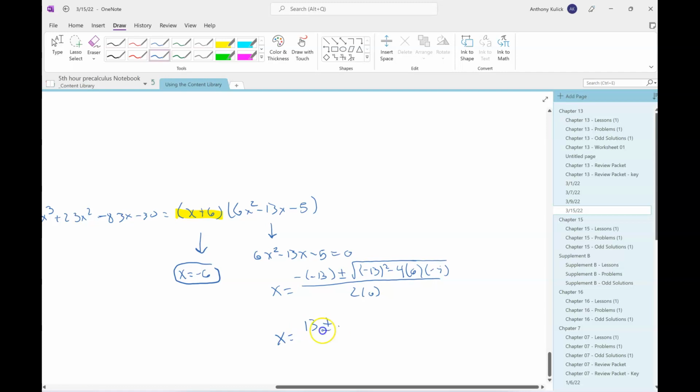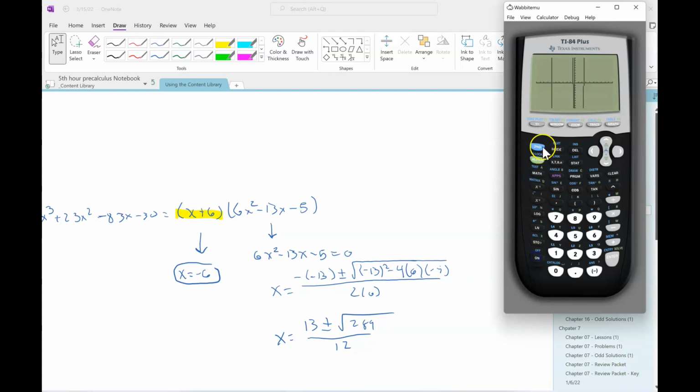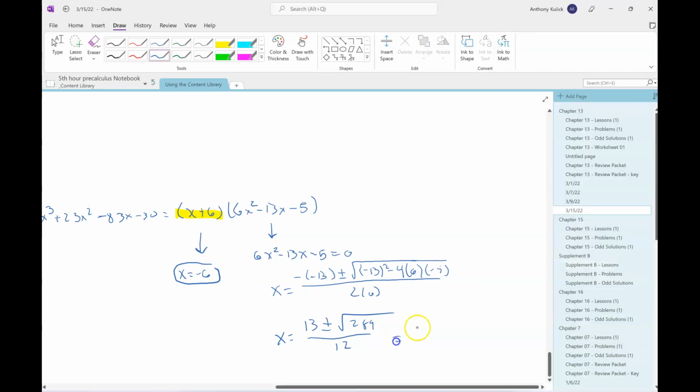So 13 plus or minus the square root of 169 plus 120, so that's 289, divided by 12. The square root of 289 looks like a perfect square to me. I'm pretty positive, well, I know it has to be. I don't remember what it is. Is it 17? Yep. So that's 13 plus or minus 17 over 12.